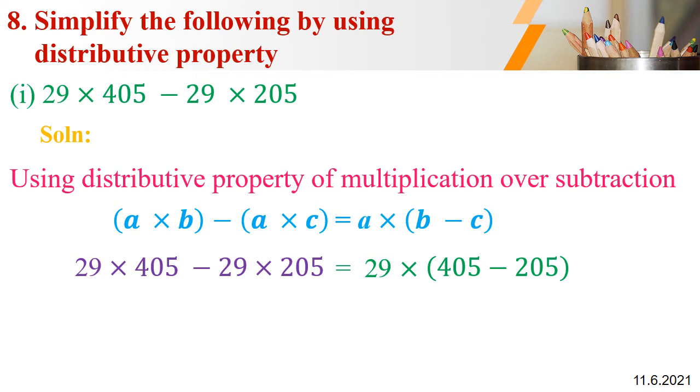So here first we want to subtract 405 and 205 because first we want to solve in brackets. So it is 29 into 200. Let's multiply 29 and 200. We get 5,800.